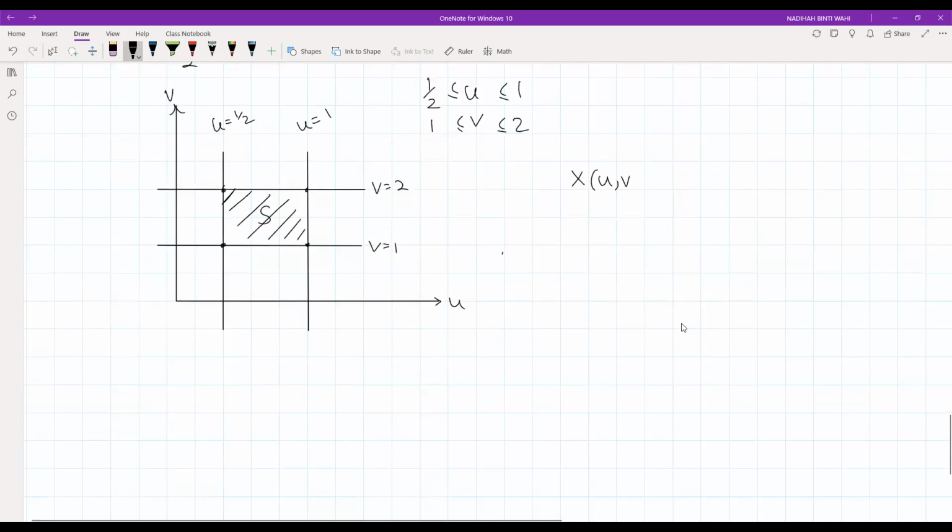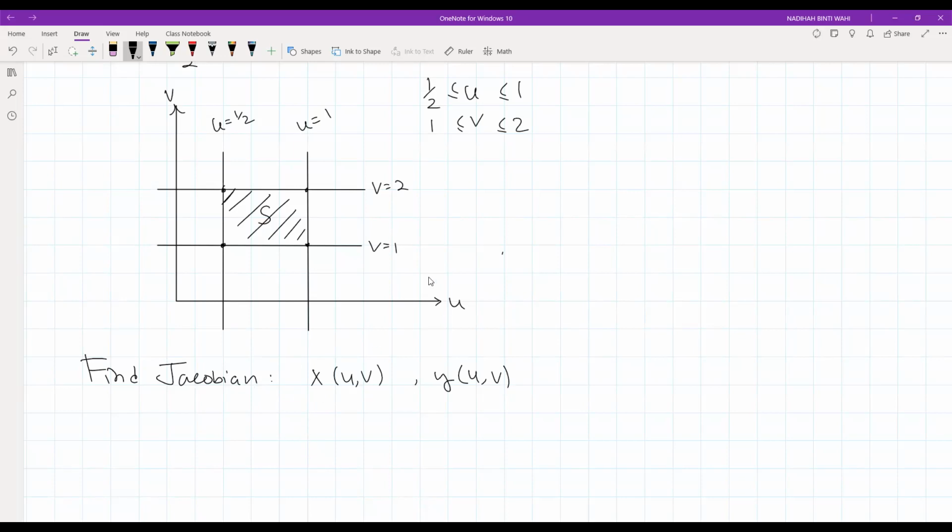Find the Jacobian: you need to find the equation x in terms of u and v, and then y in terms of u and v.